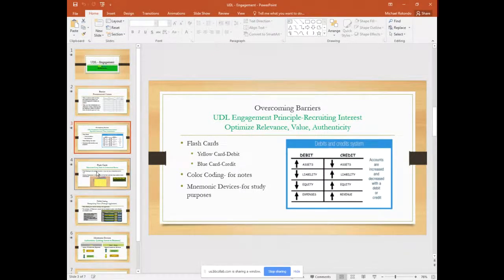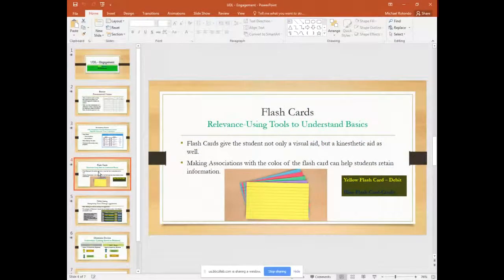By using the flashcards, it will give the student a visual aid and a kinesthetic aid as well. So it's something that they can have, they can keep, they can use to study, and it will help them make associations with the color of the card and whether an item is a debit or a credit.